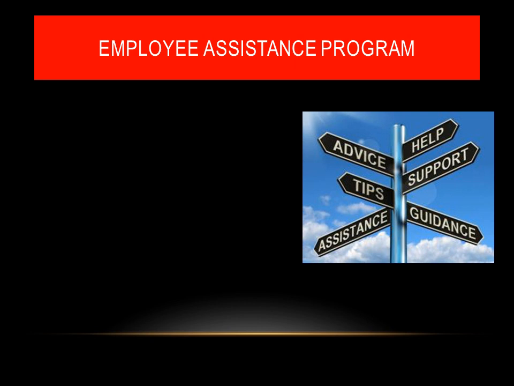So if there's a zero tolerance policy for being under the influence of alcohol or a substance and reporting to work, if the employee comes forward and says, listen, I'm having a problem with alcohol, or I'm having a problem with drugs, and asks for help, your department should have an employee assistance program in place.